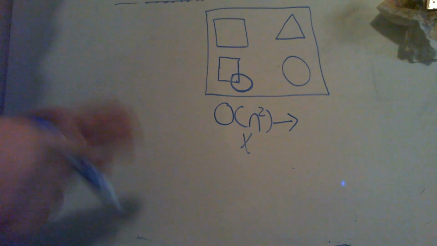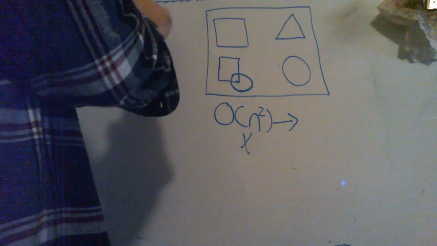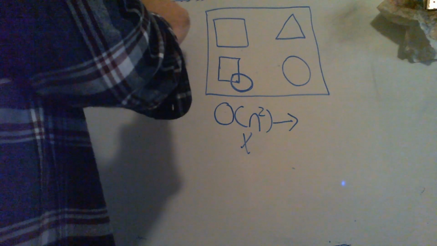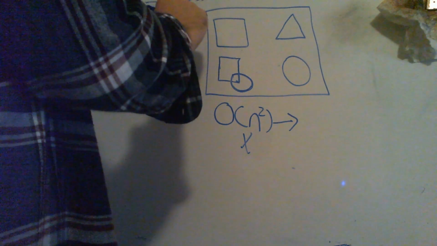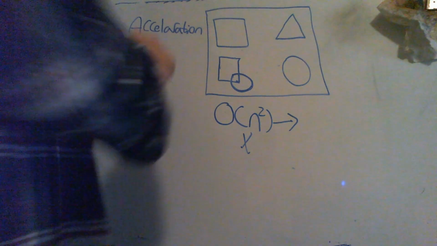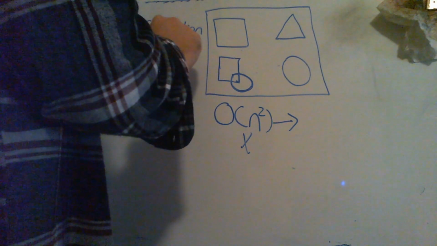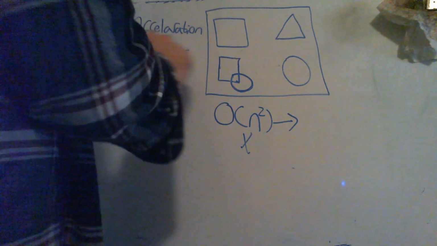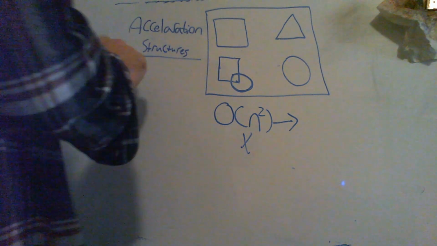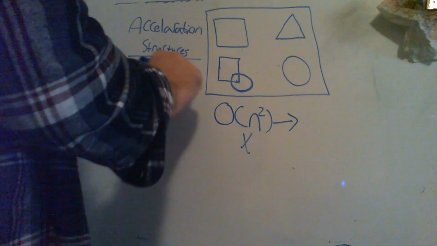The way we can do that is with an acceleration structure. Now, there are many acceleration structures. In fact, you can even compose various acceleration structures to create your own for special purposes. But the one we're going to be using is a dynamic bounding volume hierarchy.